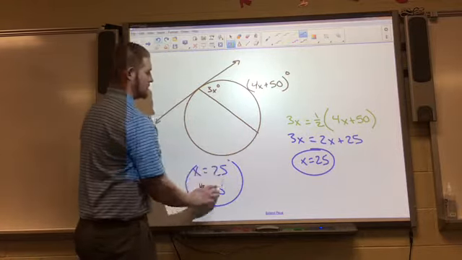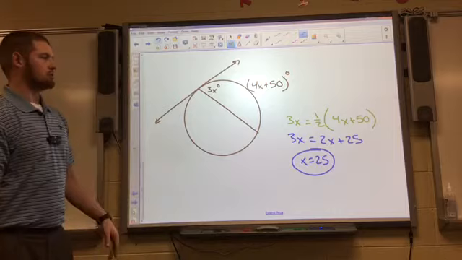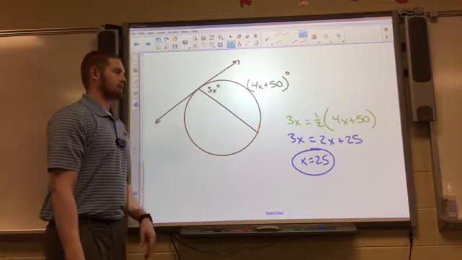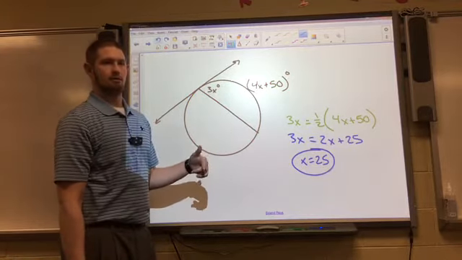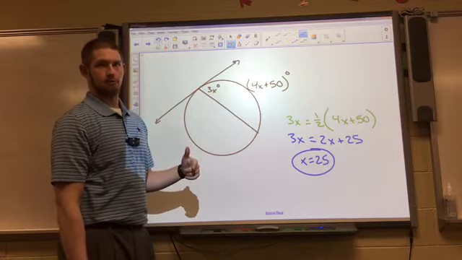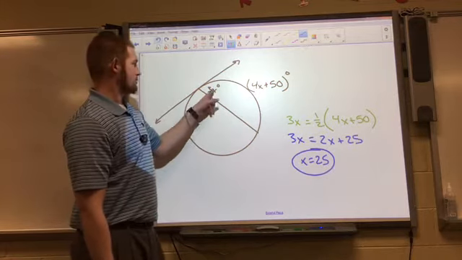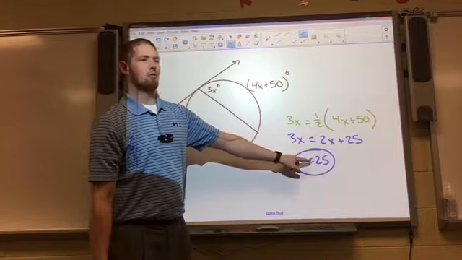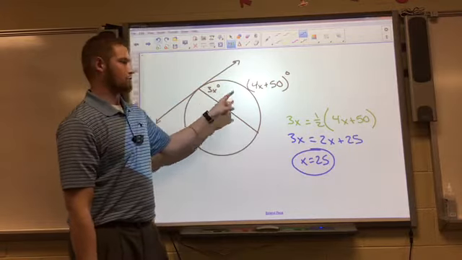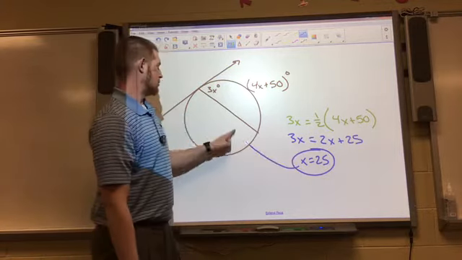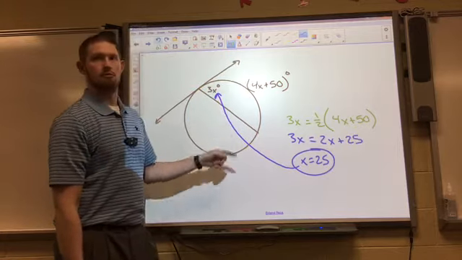Make sure you understand what it is asking for. Just because you look at a problem and it has an x and a y in it, doesn't mean that's what they want you to solve for. So here we solved for x. What if they would have wanted us to find the angle measure? You would plug it in and you would get 75.